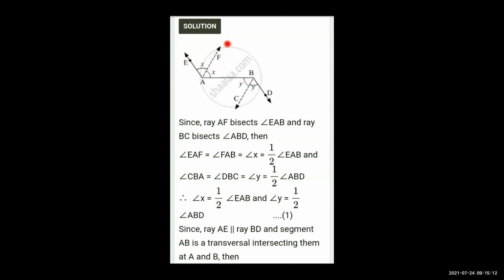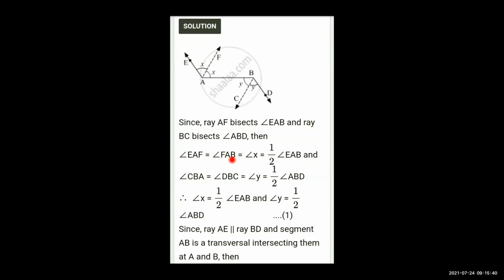And angle ABD gets bisected by ray BC. So BC is the bisector of this angle. Okay, so we will write here the two small angles formed because of this bisector in both the angles.